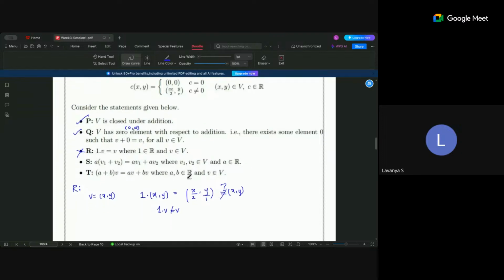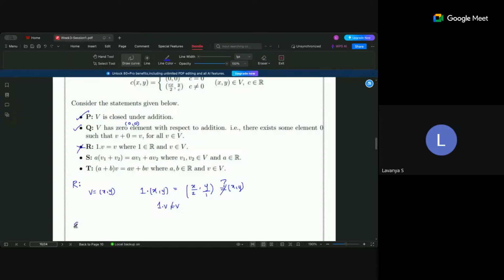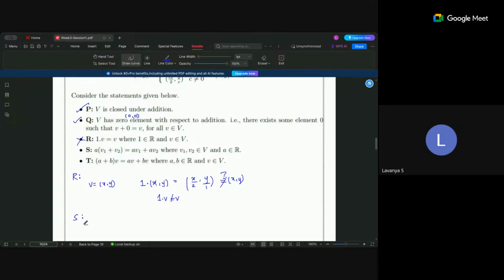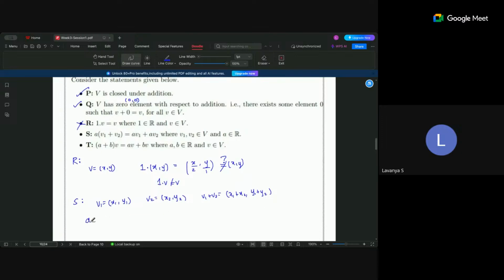What about the property S? Let us look at property S. Let v1 be (x1, y1) and v2 be (x2, y2). Now v1 plus v2 is (x1 plus x2, y1 plus y2). Now A times (v1 plus v2) is equal to A times (x1 plus x2, y1 plus y2).